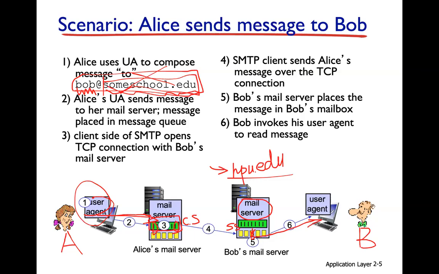Okay, and then Bob can retrieve this email and read the message. Okay, this is the whole process of the system. So far so good for this high-level discussion of email.